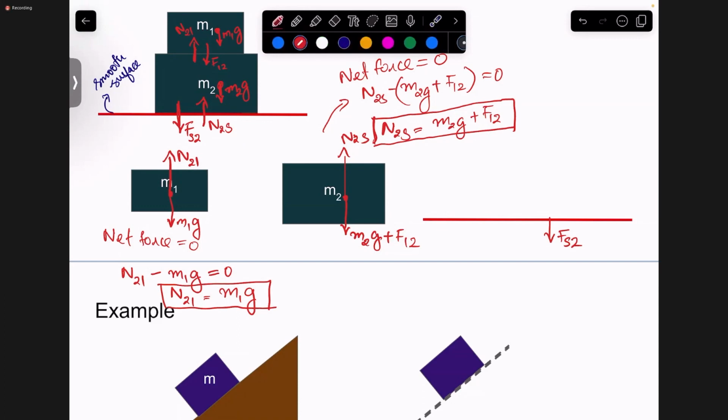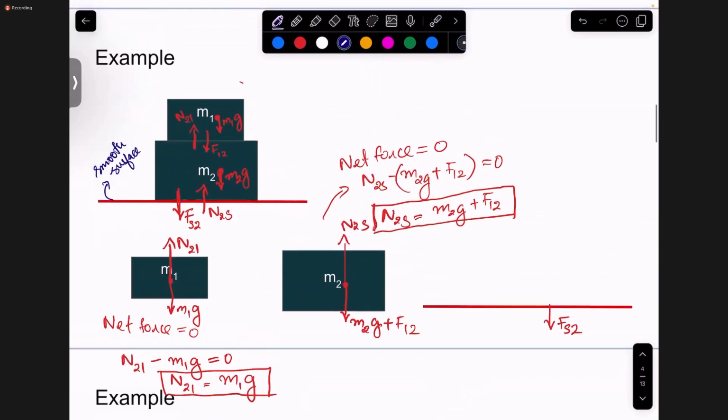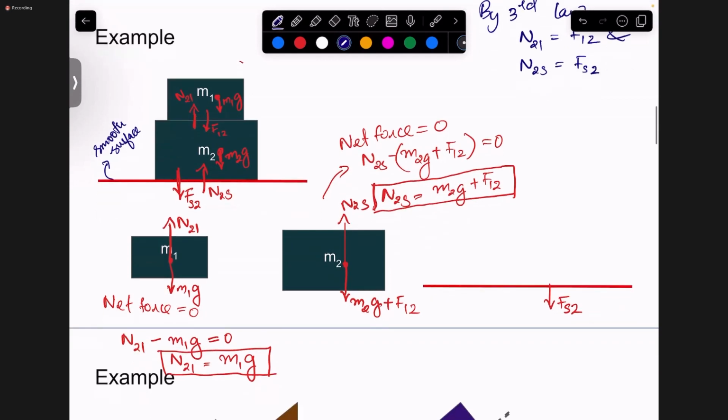So by Newton's third law, N21 equals F12 and N2S equals FS2.